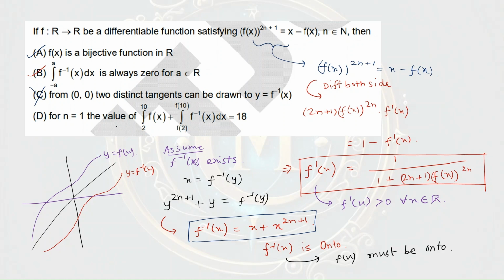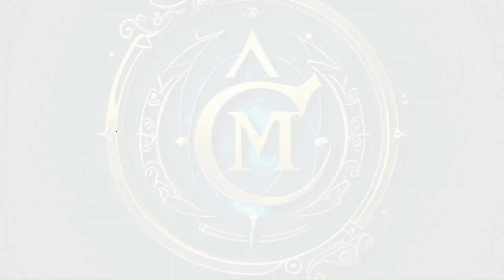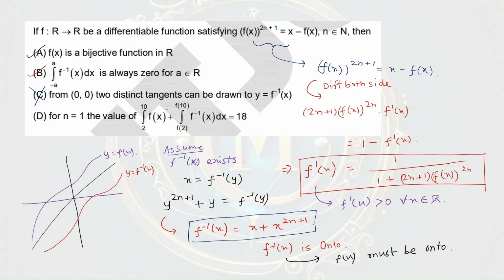Now let us check option D. It says for n equal to 1. So we take the case n equal to 1. We got f inverse x as x plus x to the power 2n plus 1. So it will be x plus x cube. Now we are told that this value is equal to 18.